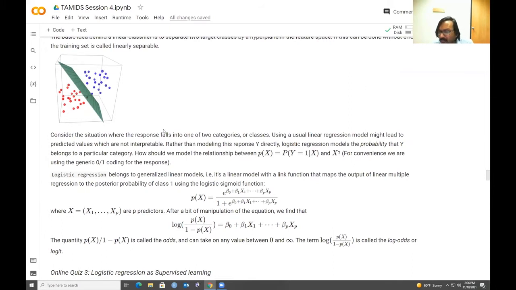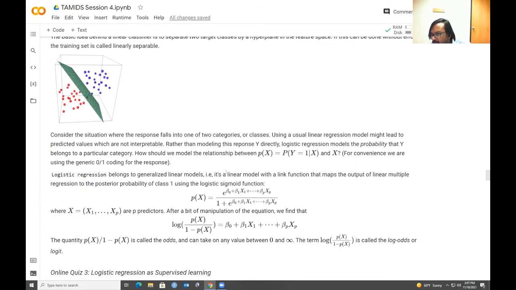So how can we model the relationship between the probability that the response variable is 1 given x, that means given the predictors, and the predictors? Instead of working with the original response that only takes value 0 and 1 as our response variable, we are going to try to understand the probability that the response variable belongs to a certain class, which we usually take to be the class 1. So the probability that the response is 0 would be 1 minus this probability.